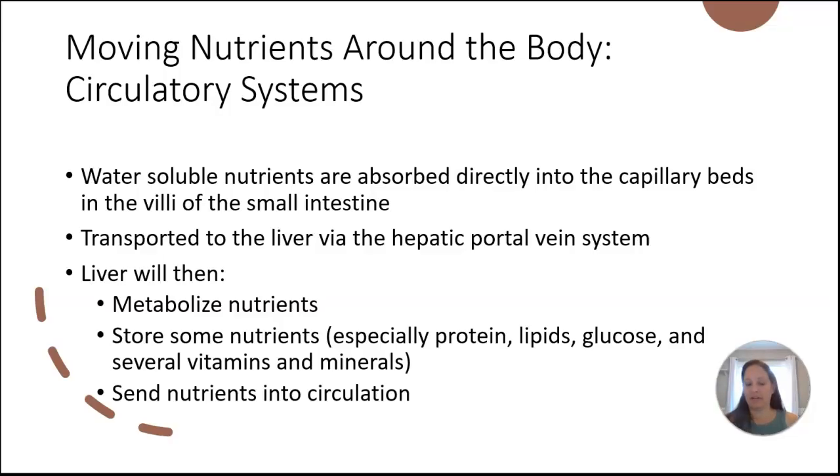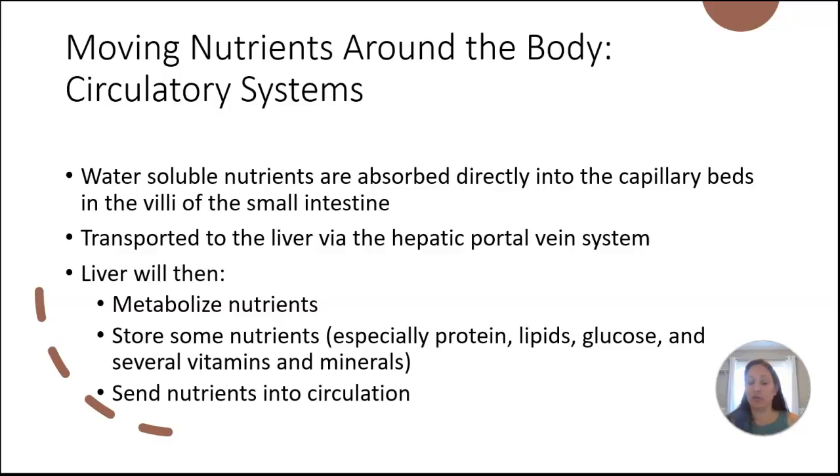What happens after these nutrients are absorbed into these capillary beds? They're going to be transported to the liver via what's called the hepatic portal vein system. So nutrients are going to go from the small intestine to the liver. In the liver, some of these nutrients will be metabolized, broken down.